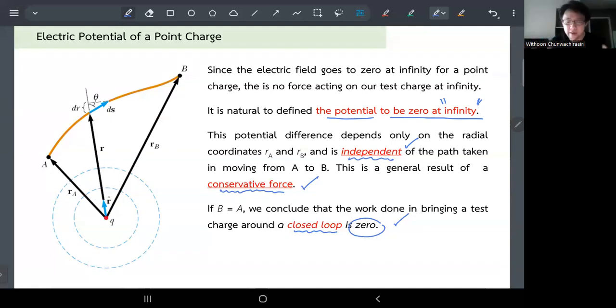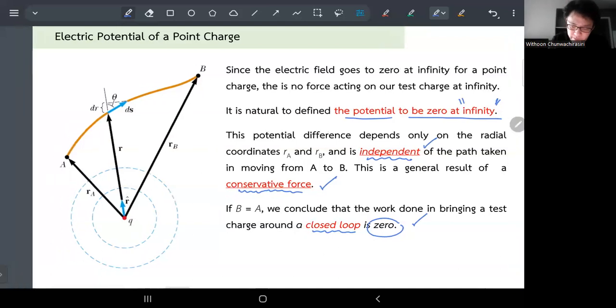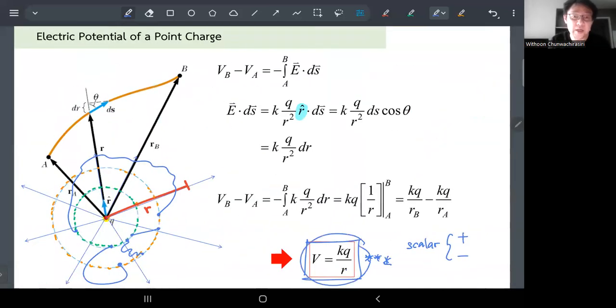So for a single formula that gives you the sort of absolute value of the potential, it must mean there's no absolute value of a potential. It must be the value with respect to something all the time.